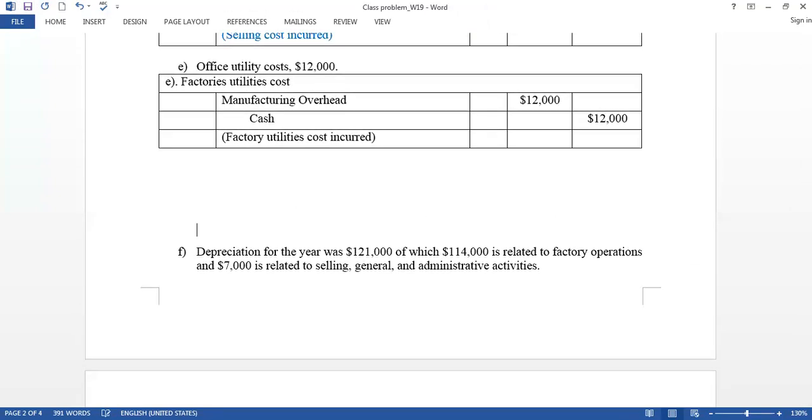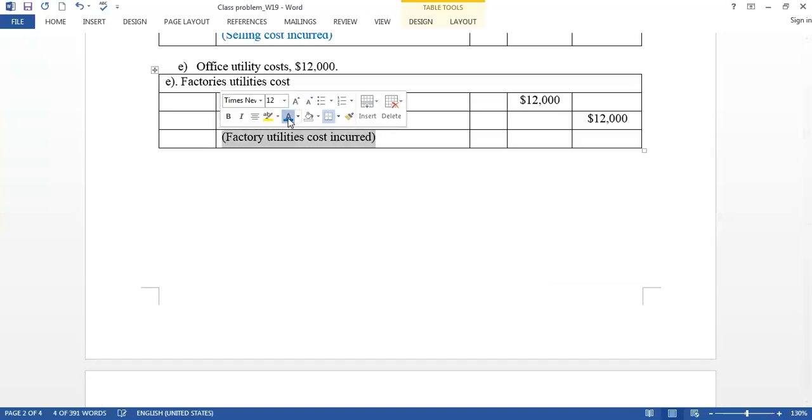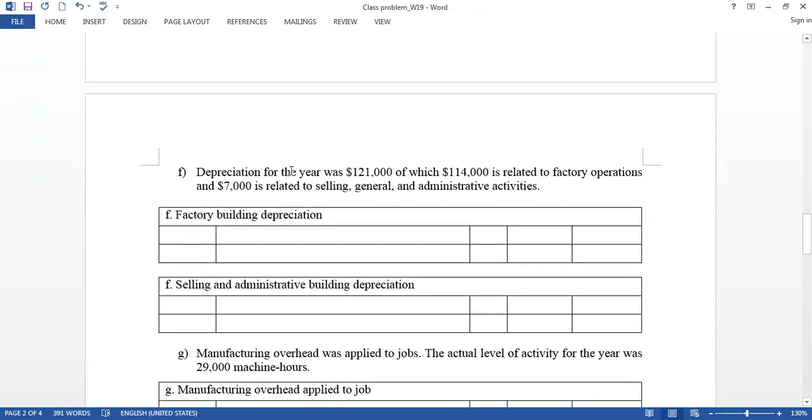Now, next one is about depreciation. So we have two types of depreciation here. The depreciation expense for the year total was $221,000.